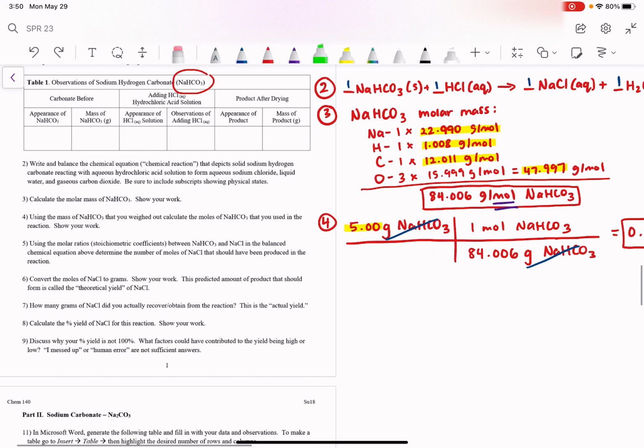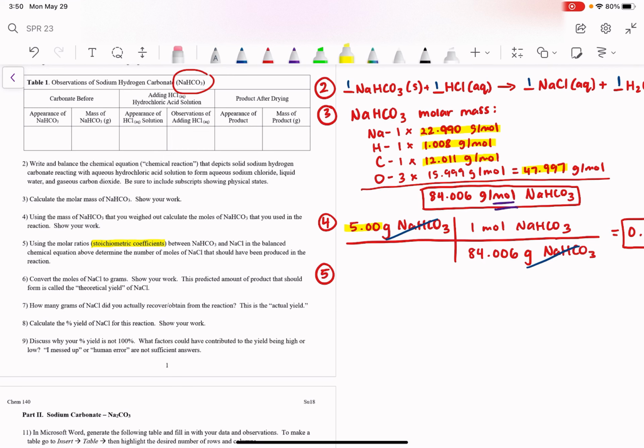All right, so number 5 says, using the molar ratios between NaHCO3 and NaCl in the balanced chemical equation above, determine the number of moles of NaCl that should have been produced in the reaction. I think the reason this one is tripping people up is the term stoichiometric coefficients. Let's break that down.